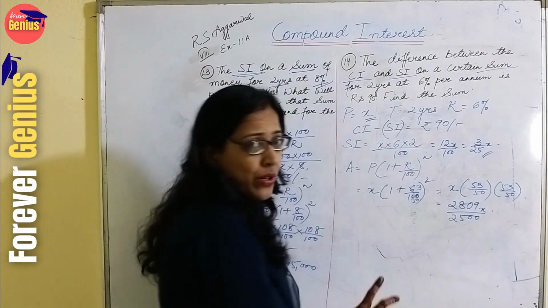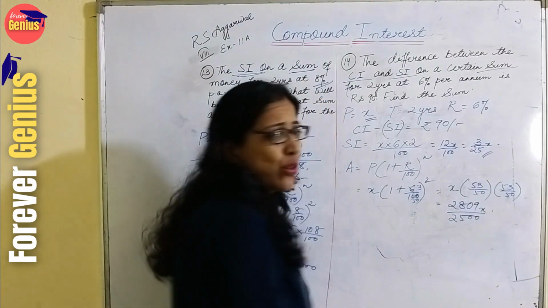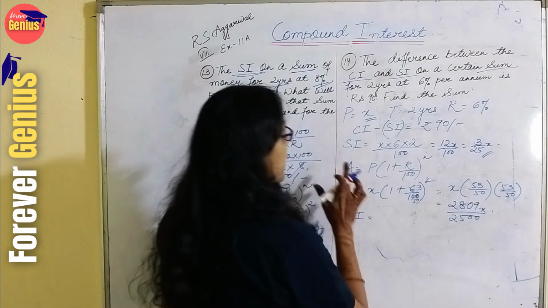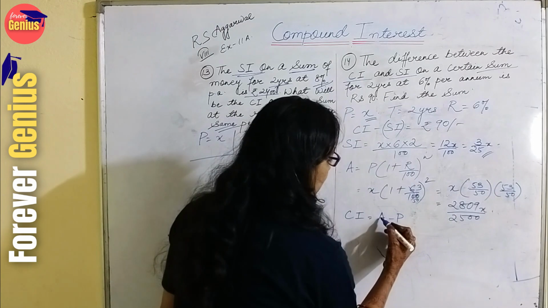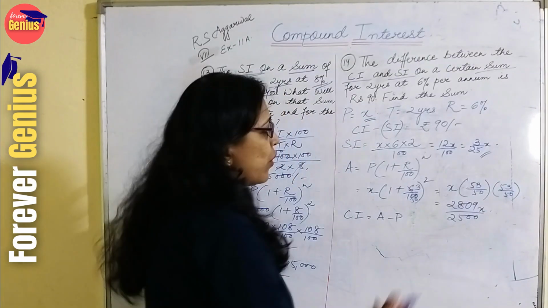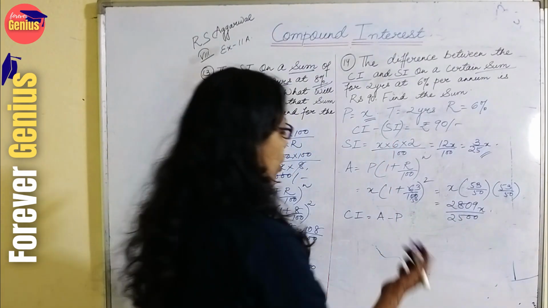But this is what? This is the amount. I still have the compound interest to be calculated here. So the compound interest is what? A minus P. A minus P. Never take this as bigger number and this as smaller number. No. This is big and this is small because amount is always more.